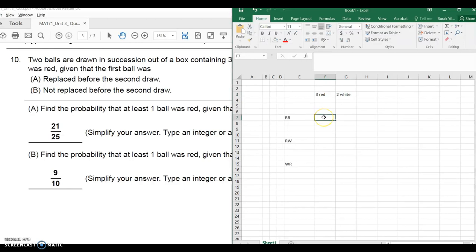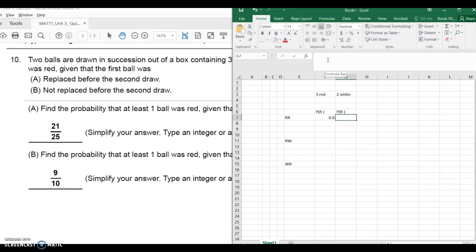So when I pull the first ball and I want it to be red, that would be 3 out of 5, right? So that equals 3 out of 5. Okay, that's P red. And then the second ball, I want it to be red again, right?